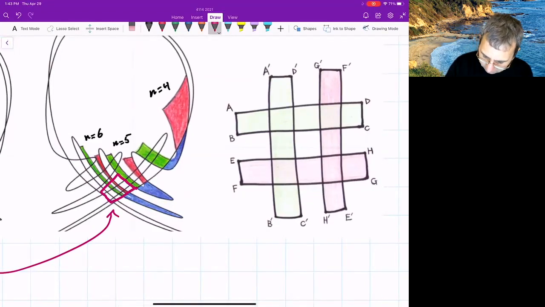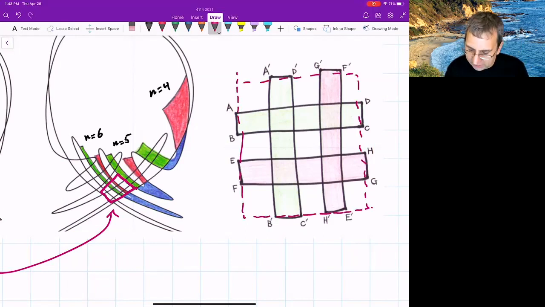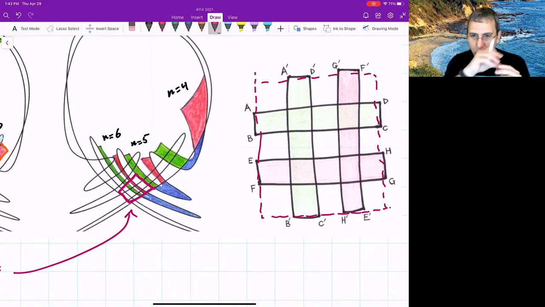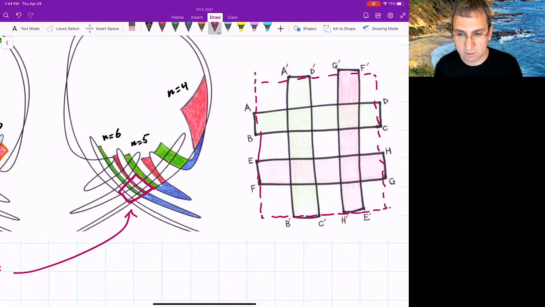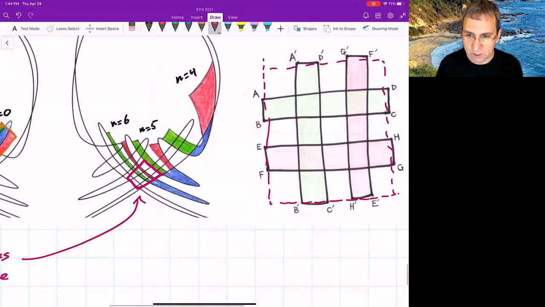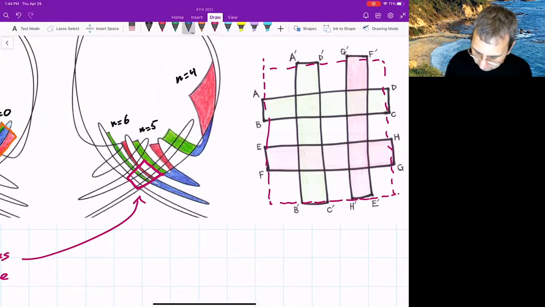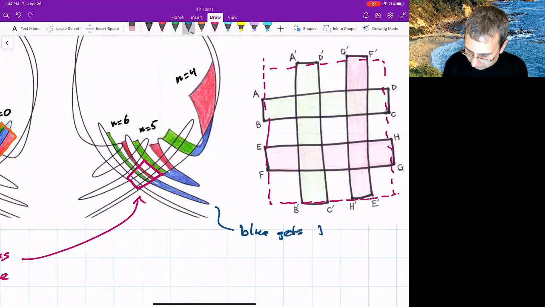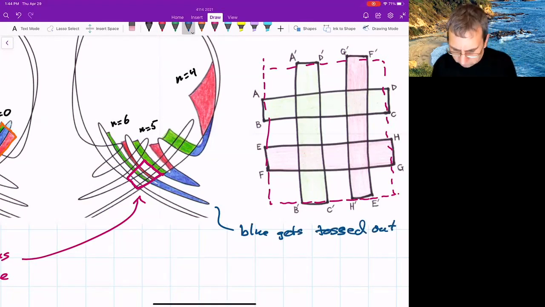I am showing the square like this. There was a green and red horizontal rectangle, and that mapped to the green and red vertical rectangles. And the blue just got removed. Go away, blue. Blue gets tossed out. Maybe you could see what's going on.